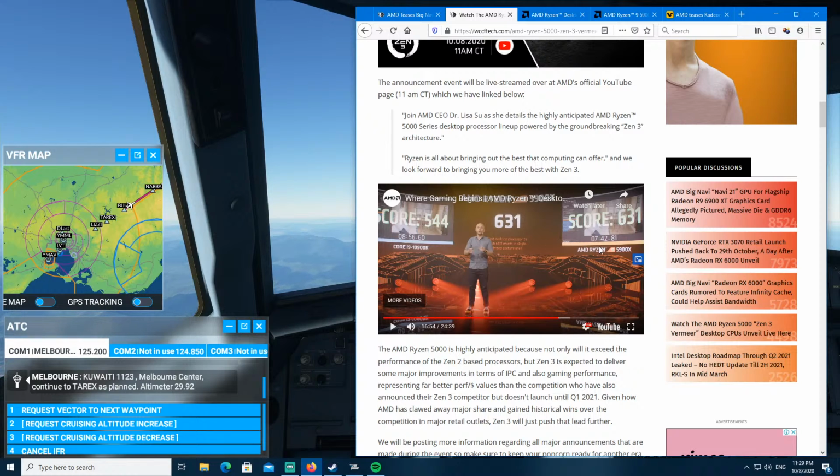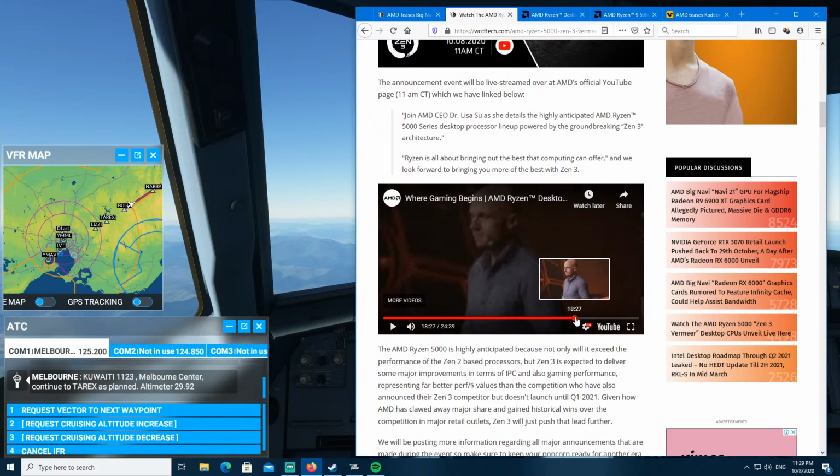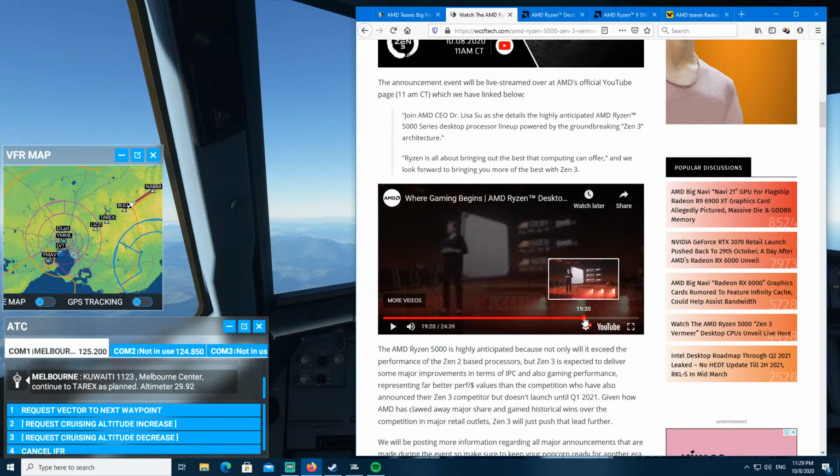And the boost clock on this one is a little bit higher, so for sure you'll get a better score. But what I like about it is the price. The pricing is better than Intel. I don't know how they do it.